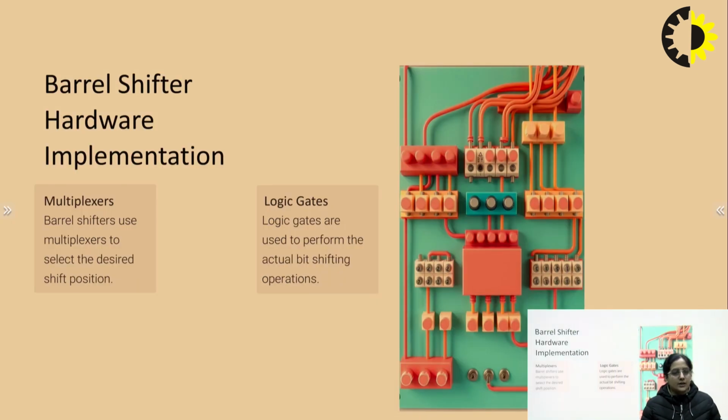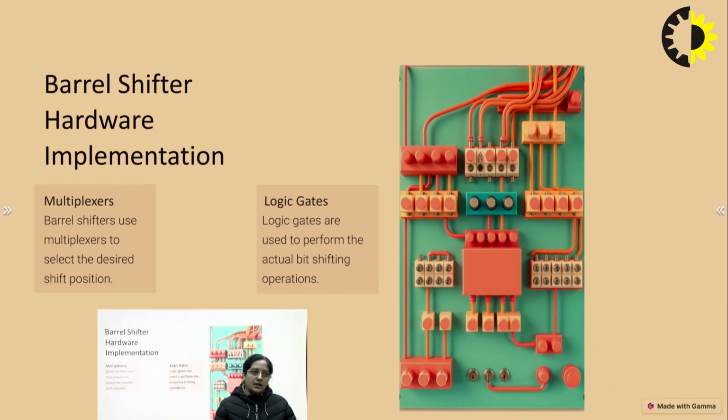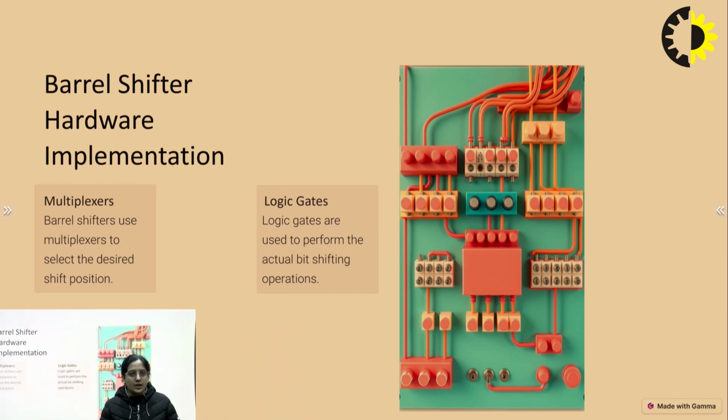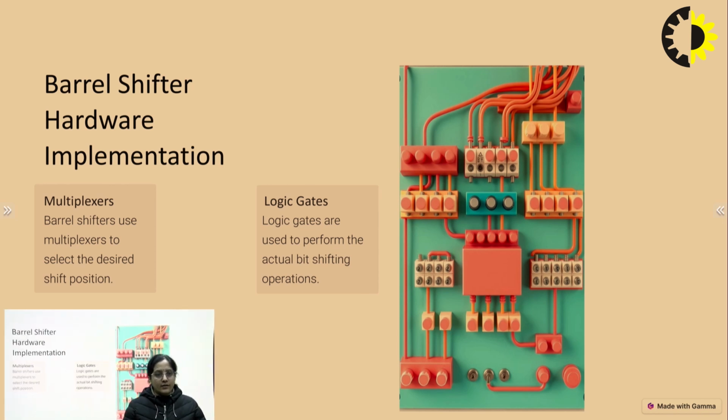What hardware implementation or what components are required to design a barrel shifter? We require a multiplexer to perform the desired operation, whether we want the data to shift left, right, rotate, or even for arithmetic operation. We also use logic gates in designing the barrel shifter circuit.